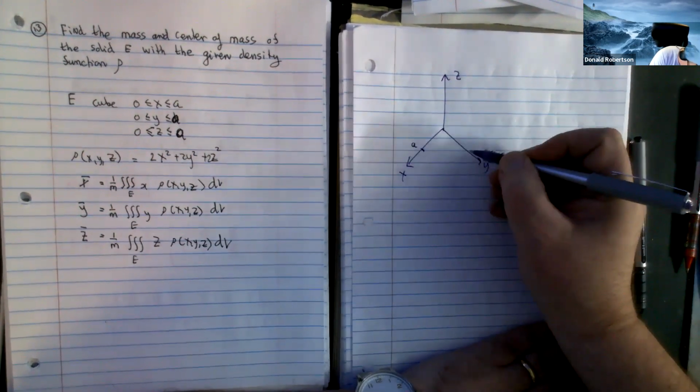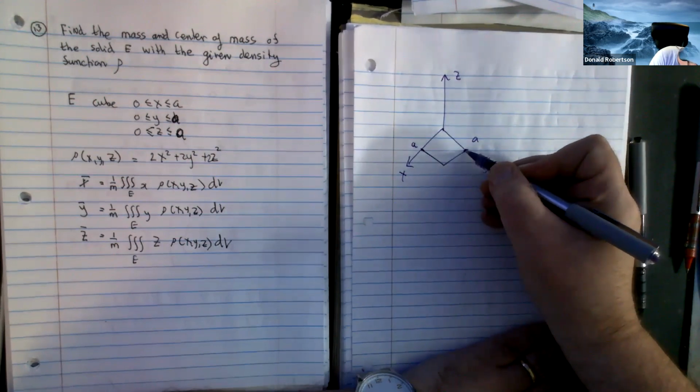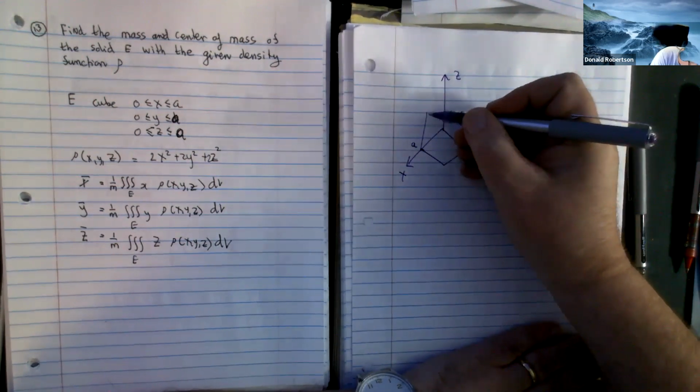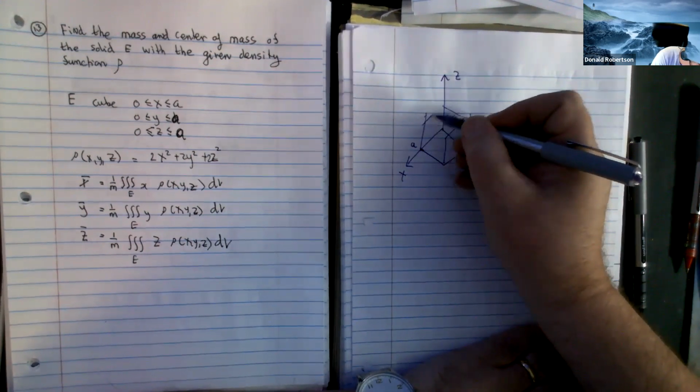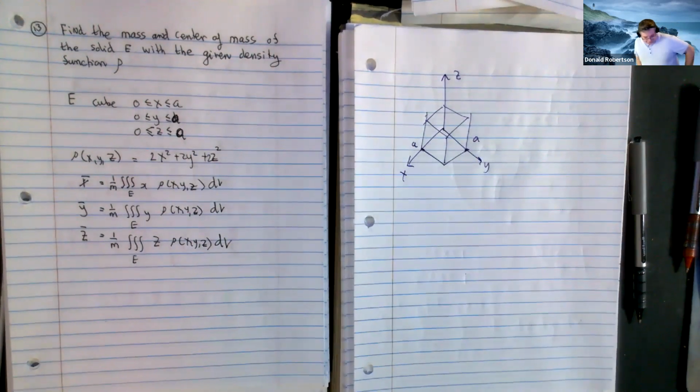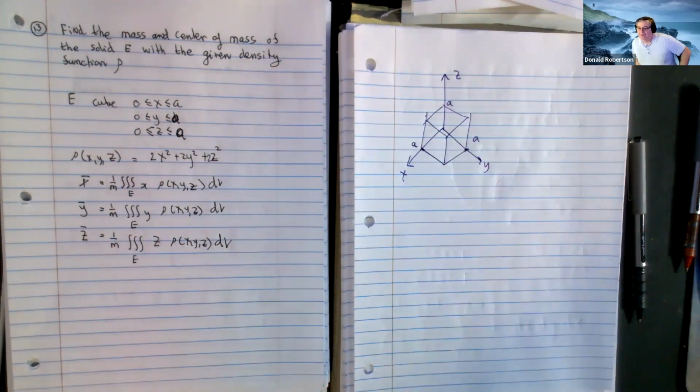There's A, so you imagine it goes something like this, and then it goes up A, and then it goes like that. Can you visualize a cube? And the values of the cube are A, so A is just a fixed number.